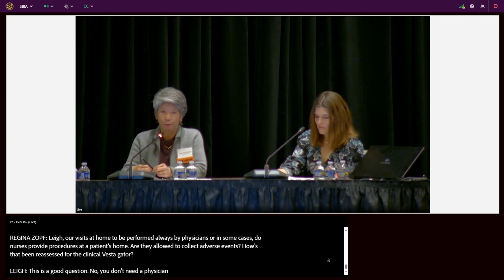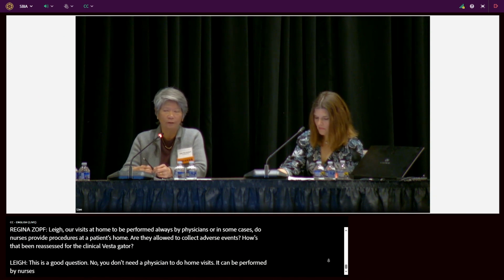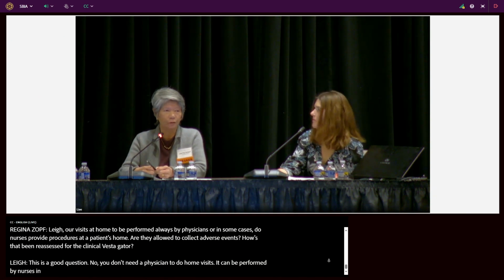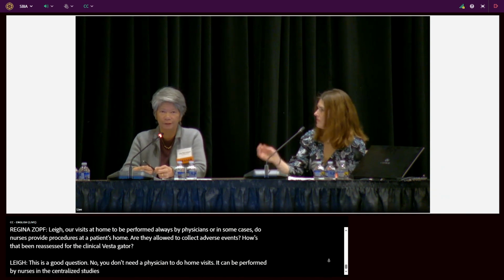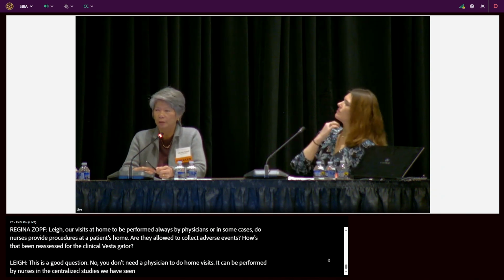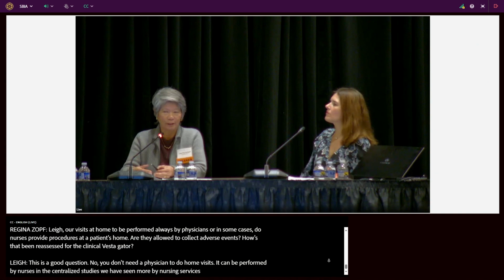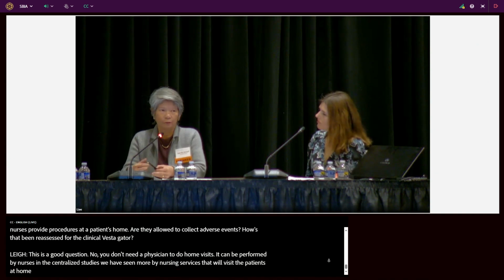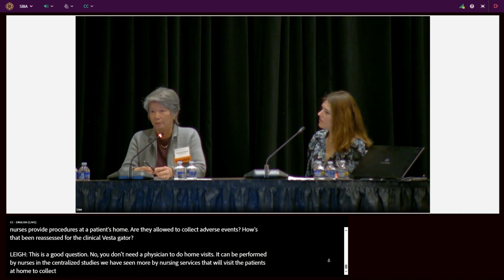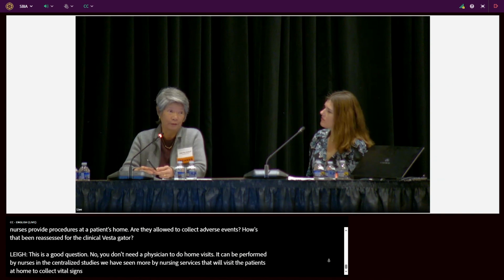It can be performed by nurses. And in decentralized studies, we have seen mobile home nursing services that will visit the patients at home to collect vital signs, check on their well-being, and they can certainly collect adverse event data.